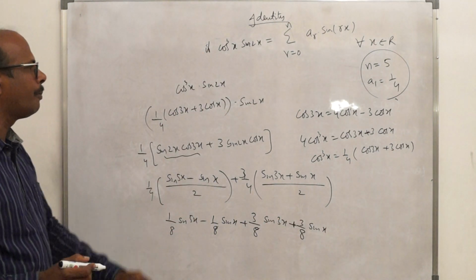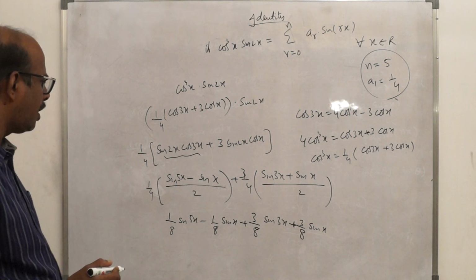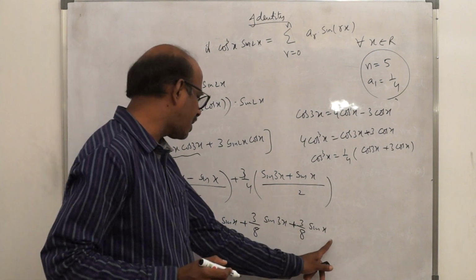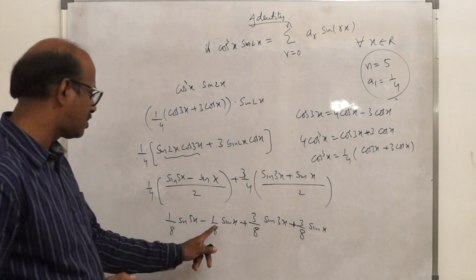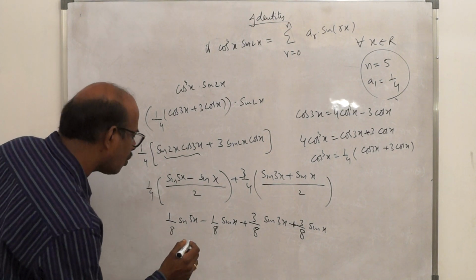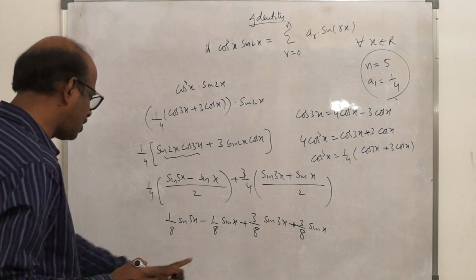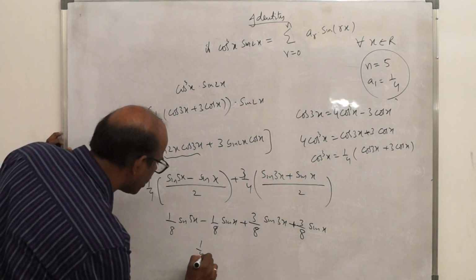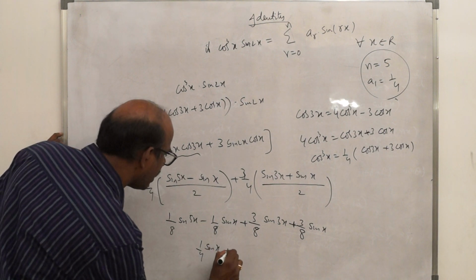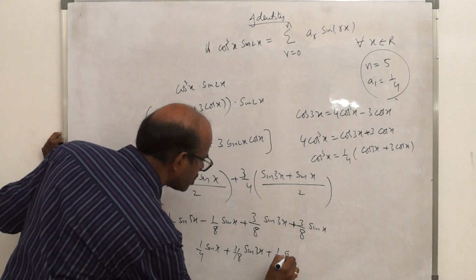Now if you compare with the given expansion, the multiple angles are 1 into x, 3 into x, 5 into x and so on. So 3 by 8 minus 1 by 8 is 2 by 8, which is 1 by 4 sin x. So it will be 1 by 4 sin x plus 3 by 8 sin 3x plus 1 by 8 sin 5x.